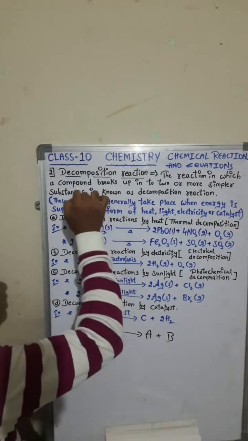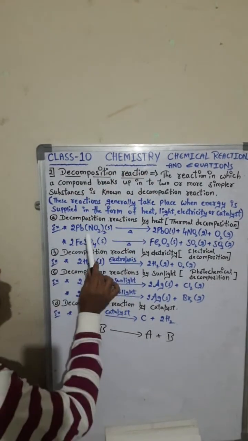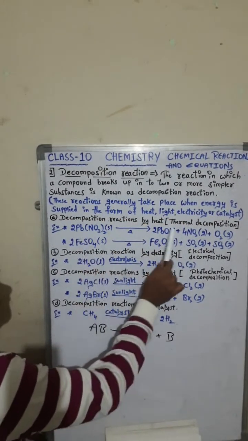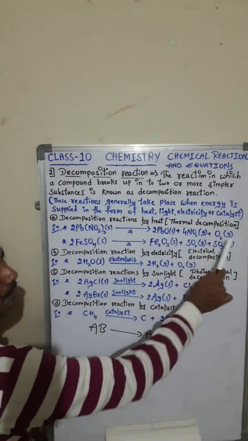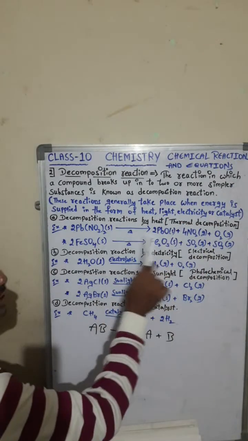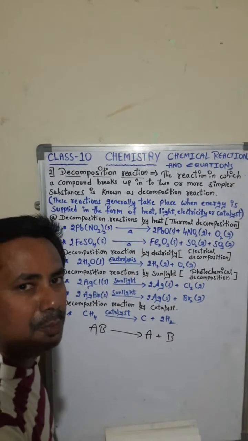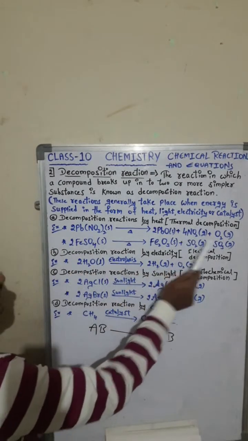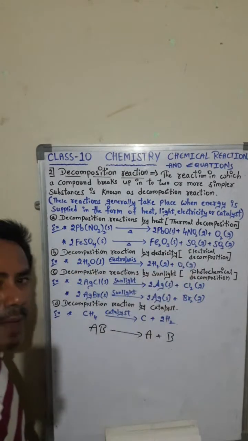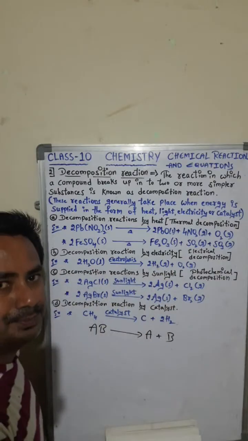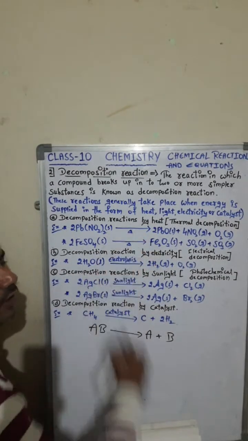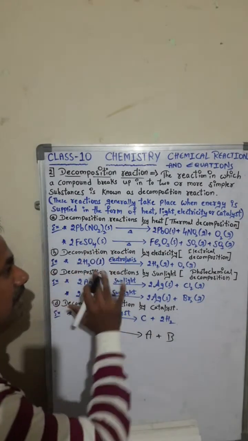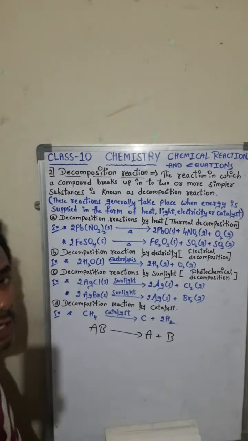Because it is an example of decomposition reaction: a compound breaks up into two or more simpler forms, by heat, thermal decomposition. Clear? Easy? For balancing, I have written 2, 2, 4 for the balanced equation. The triangle symbol below the arrow mark is heat. When we heat it, it will separate. So this is the first example for thermal decomposition.